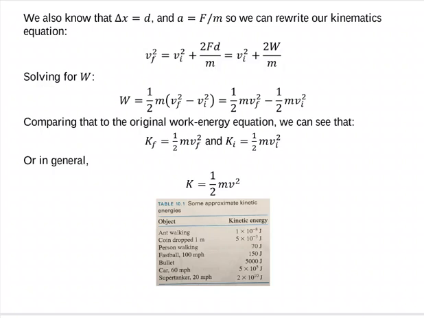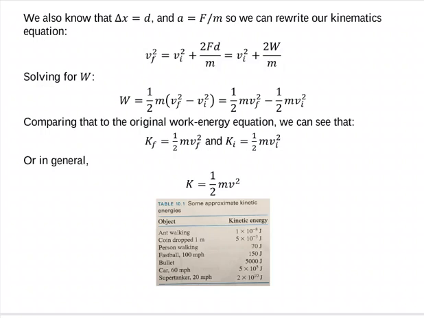So we can rewrite our kinematics equation as v final squared equals v initial squared plus 2 times force times distance divided by mass. Now, force times distance is work, so that turns into v initial squared plus 2 times work divided by mass.